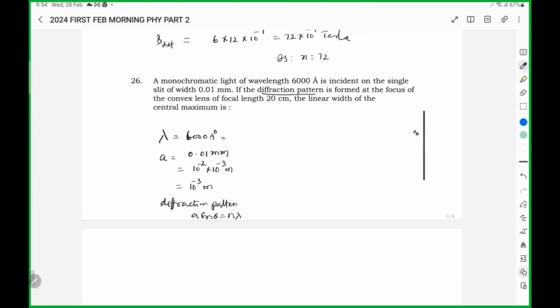So intensity of a wave changes like this. Diffraction pattern is formed at the focus of a convex lens. So focus means that you assume it as a screen.